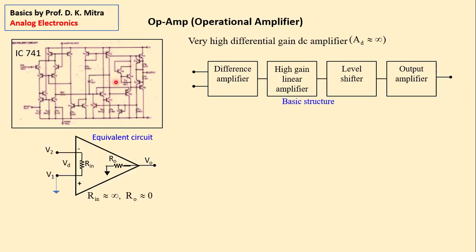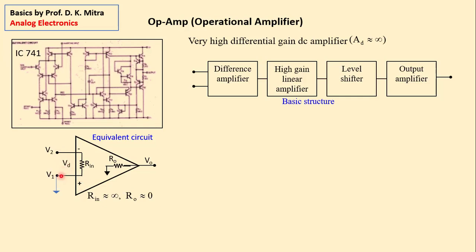Then there are a few other things. This is the equivalent circuit of this whole operational amplifier. There are the 2 inputs, right? And there is an equivalent input impedance, Rin, which is practically infinite. For all normal calculations, it is considered infinity. There is a negative input, which is called inverting input. There is a positive input, which is called non-inverting input. In fact, Vd is V1 minus V2, not V2 minus V1, because V1 is the positive input.